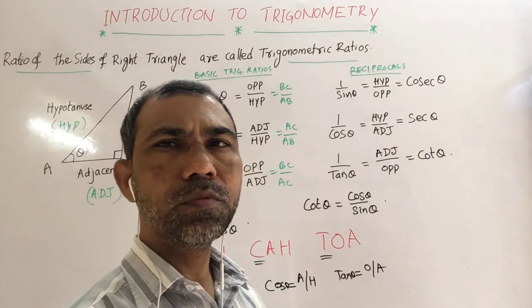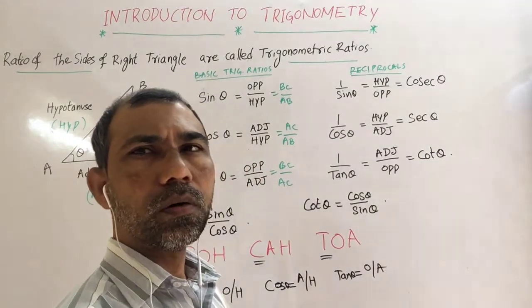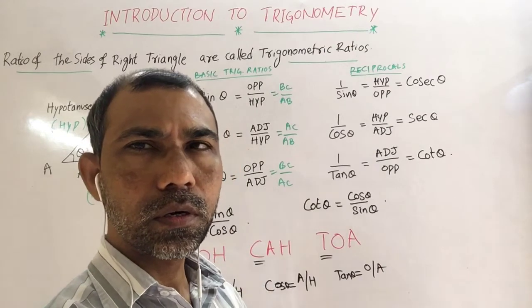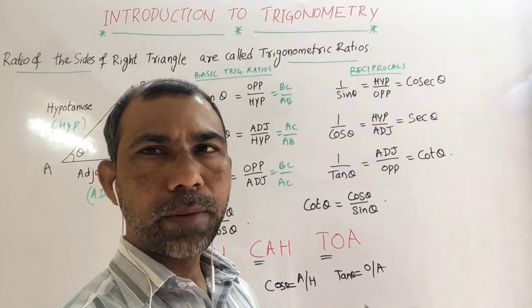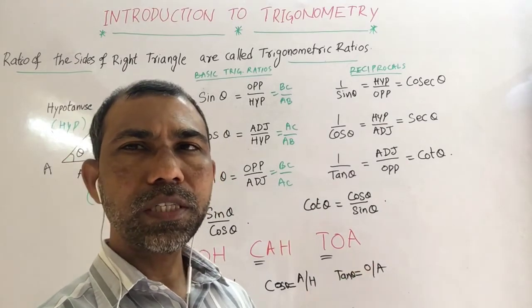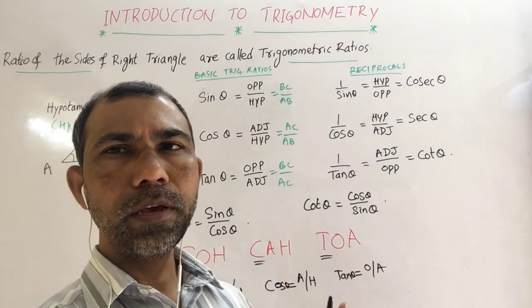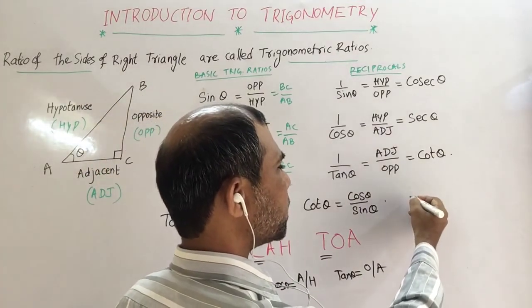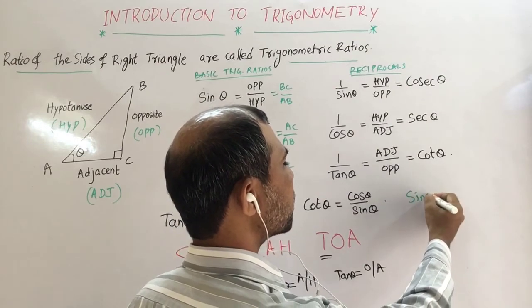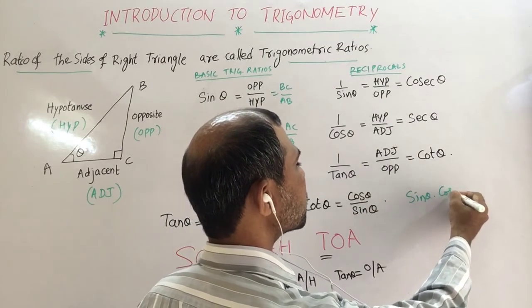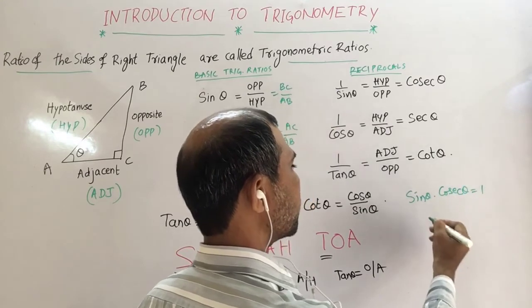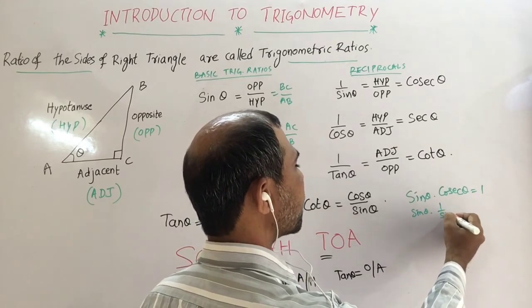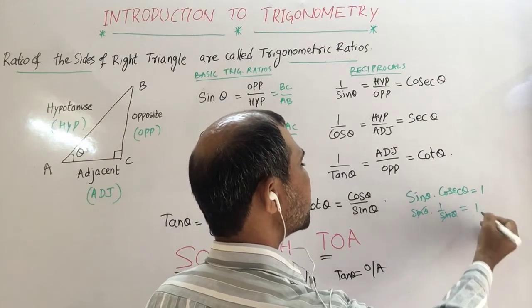You can also observe that the product of a number and its reciprocal is equal to 1. So the multiplication of a trigonometric function and its reciprocal will also be 1. That means sin theta into its reciprocal cosecant theta is equal to 1, as sin theta into 1 by sin theta cancels to give 1.